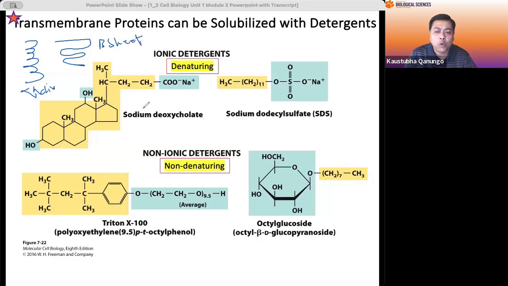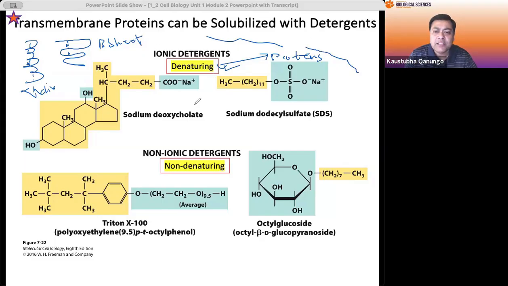When you use a denaturing ionic detergent like sodium deoxycholate or sodium dodecyl sulfate, it breaks the hydrogen bonds and denatures the protein. So this protein will become flat like this. That's why we call it denaturing proteins. They will go to their linear peptide structure.